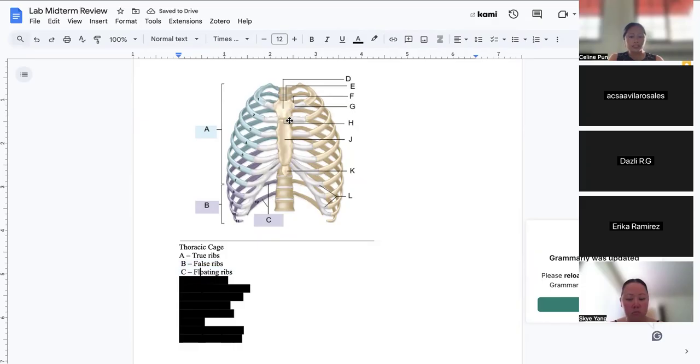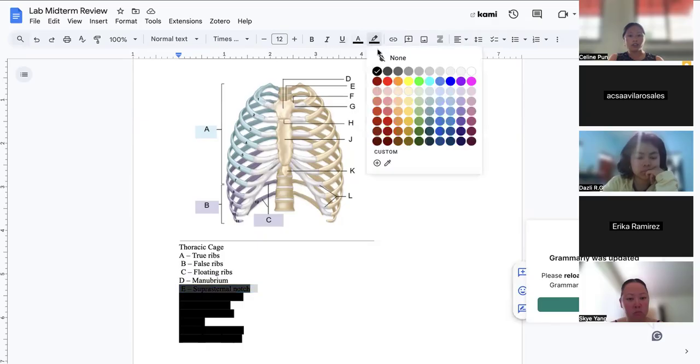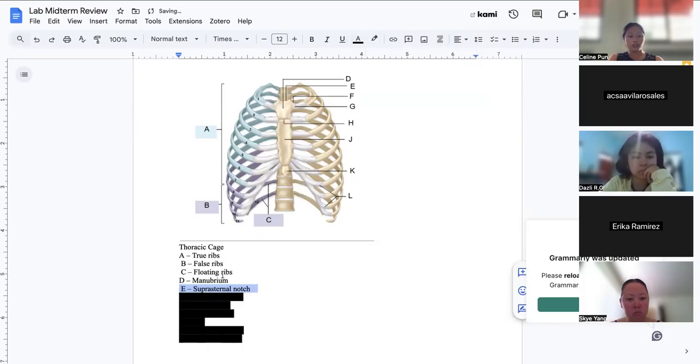D is right here. It's this tiny bone that's called the manubrium. And then E is the specific connection right here. It's called the suprasternal notch. And sternal means your chest.